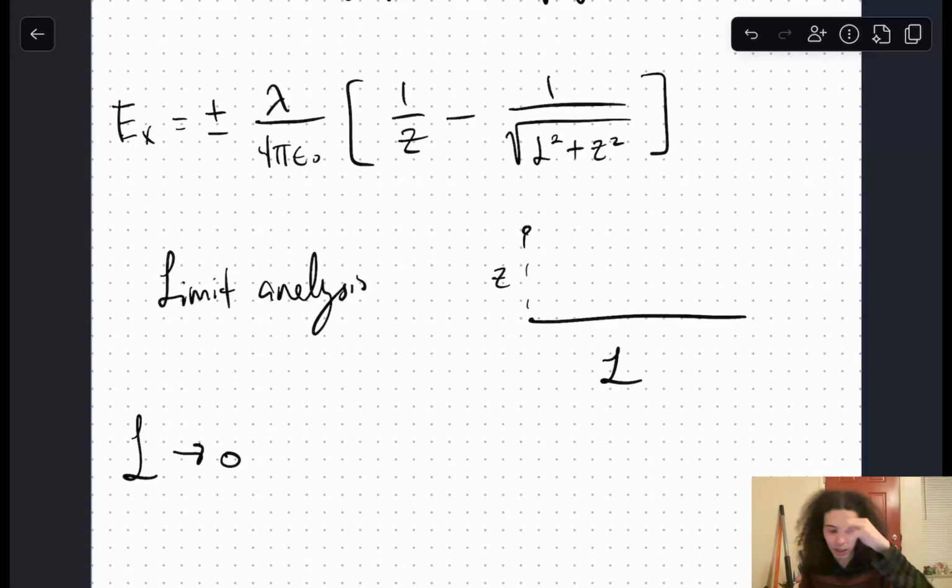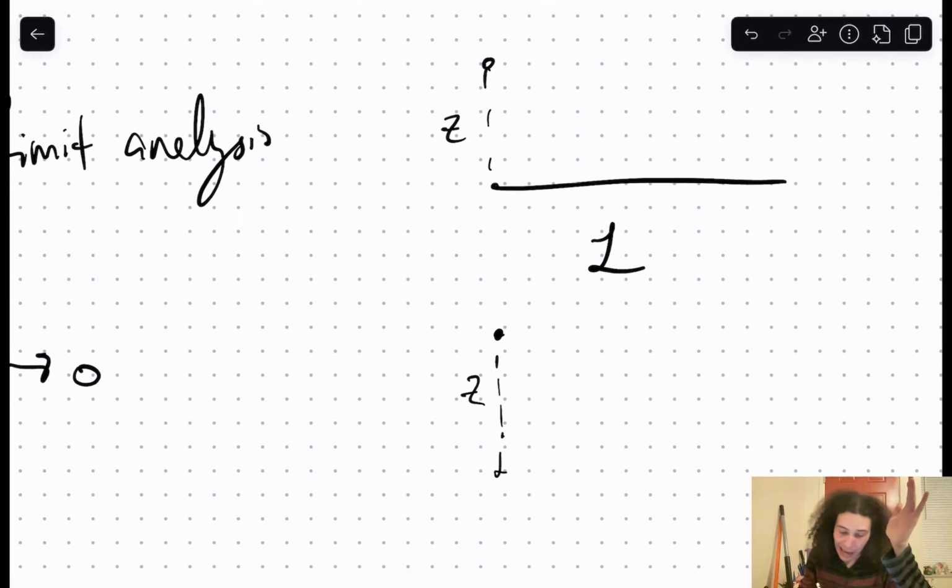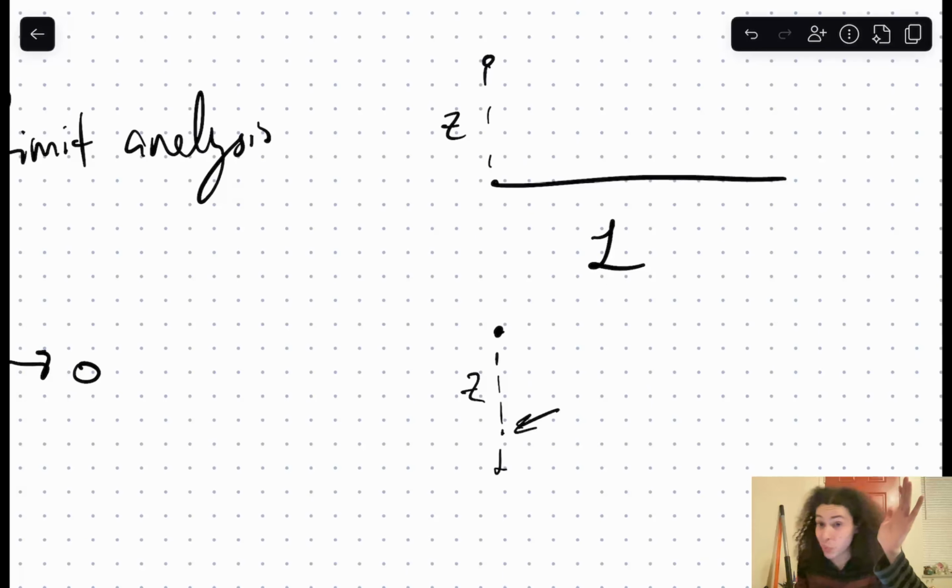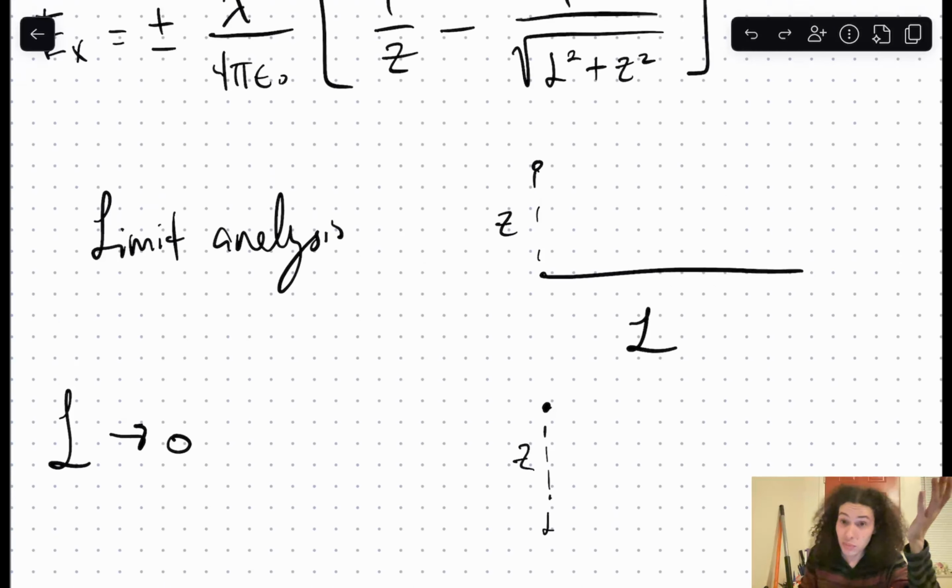What happens? Meaning not L equals 0, as it goes to 0, meaning that L is infinitely small. Meaning that L is like something like this. It's not 0, it's just really, really small. I don't know about you, but that kind of looks like a point charge. Let's see what we get.